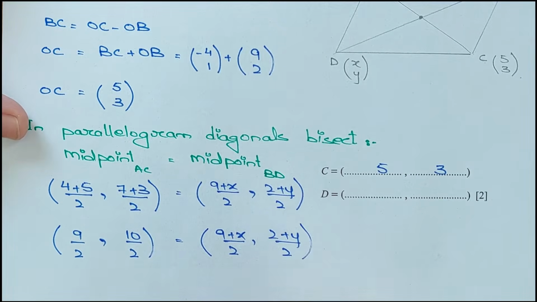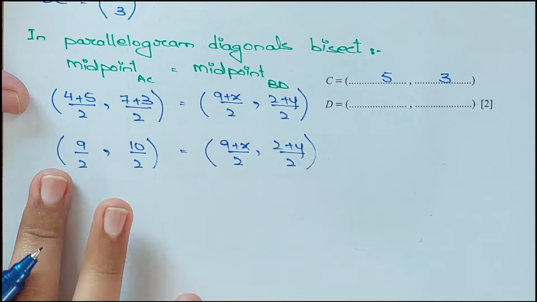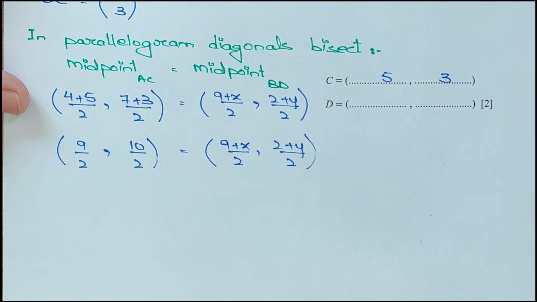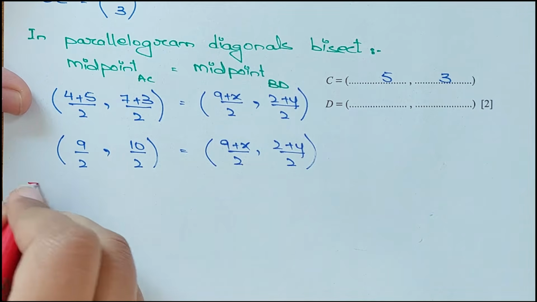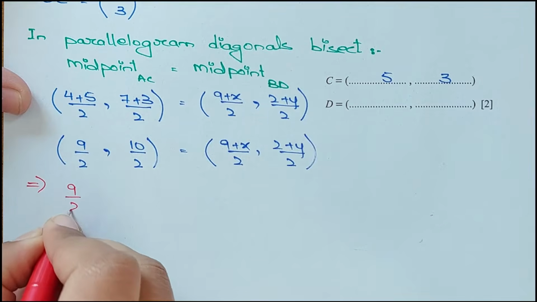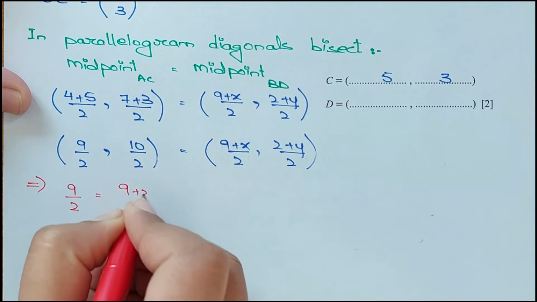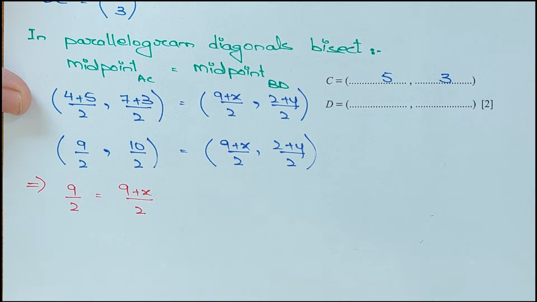We can solve for x and y by comparing the coordinates x with x and y with y. So from here, 9 by 2 equals (9 plus x) over 2, right? So we can cancel the 2 and 2, and we can say 9 minus 9 is x, and x is 0.